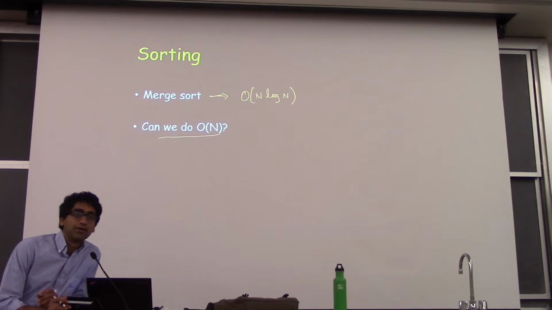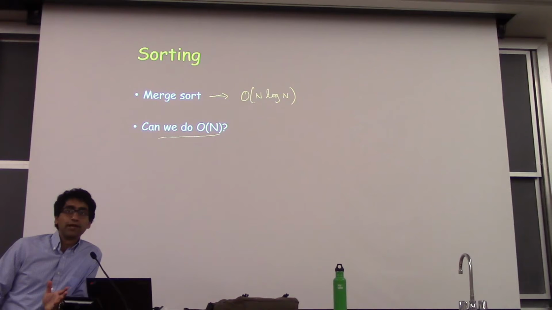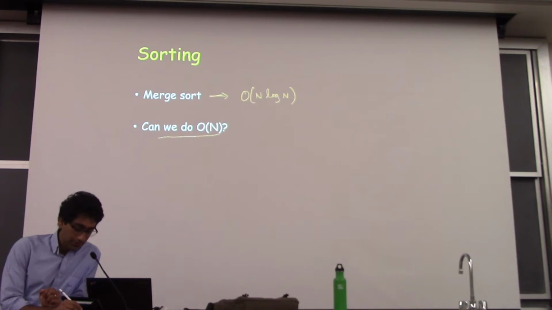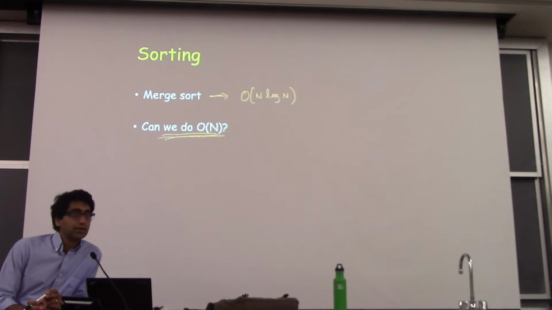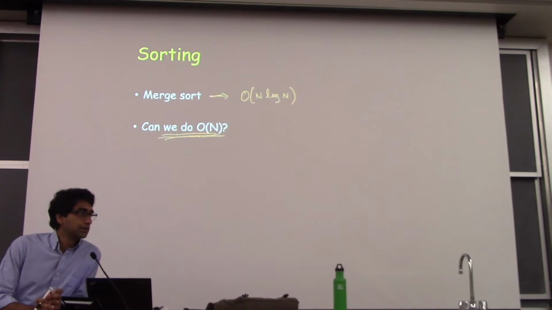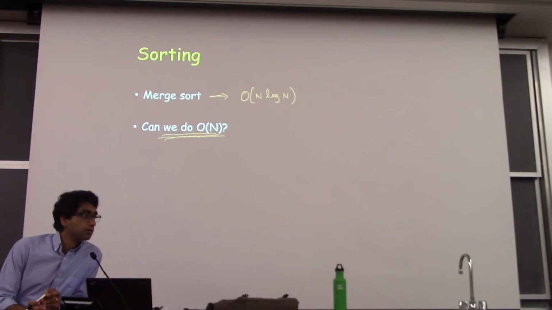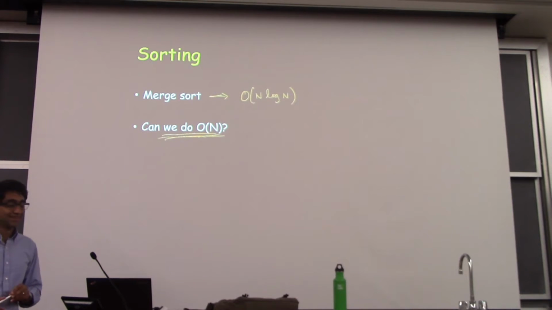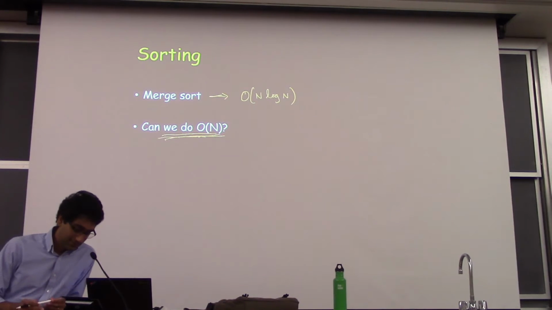Because reading the whole array takes only n time, so maybe you can do it in time that's just O of n. This is a natural question, and what do you guys think? Can you do it in just linear time? Yeah, I'll come to that in a bit.